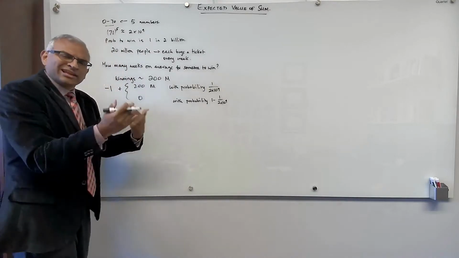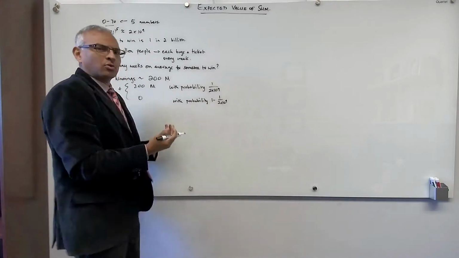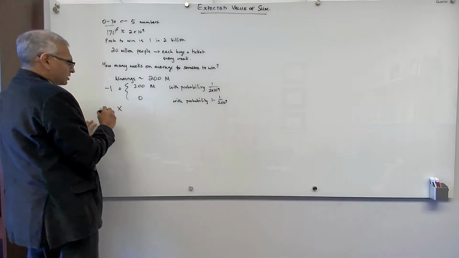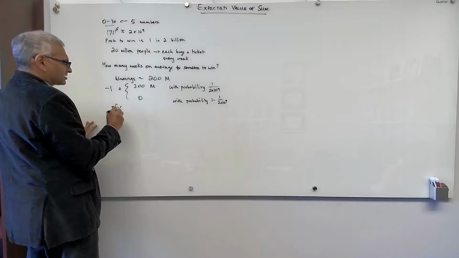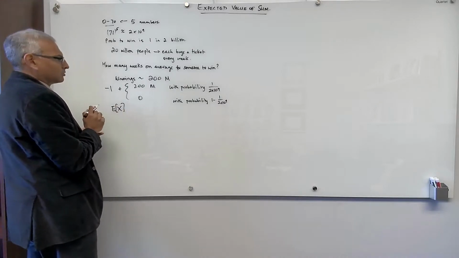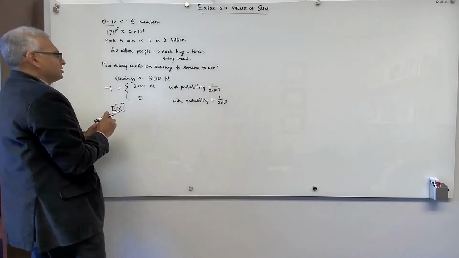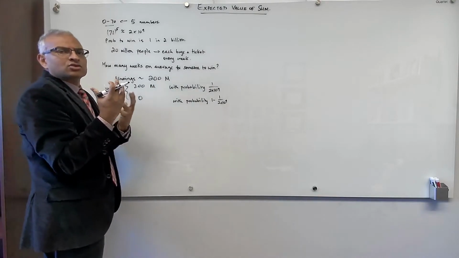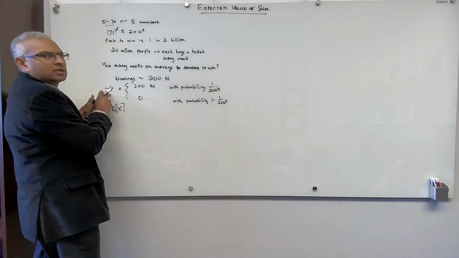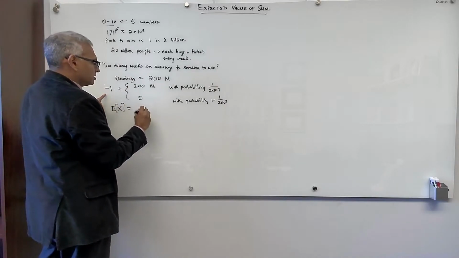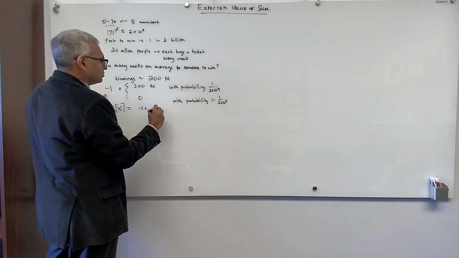So if we let a random variable X denote your winnings, we can ask, what is the expected value of X? It's going to equal, with probability 1 in 2 billion, the amount of money that you have won, which is minus 1 for the ticket you bought plus 200 million.